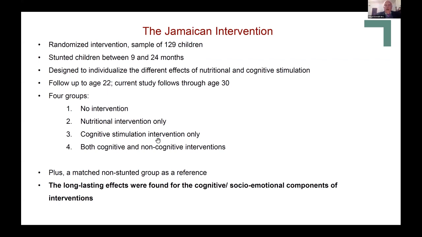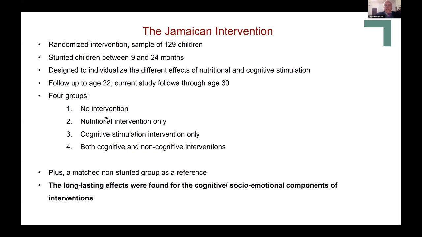I didn't start the program. It's a group of people in Jamaica some 30 years ago, 35 years ago or so, 37 now, actually. The children were in a slum of Kingston, Jamaica. All these were poor kids in a slum. And they were broken into 4 different groups. One was no intervention, so that's a control group.